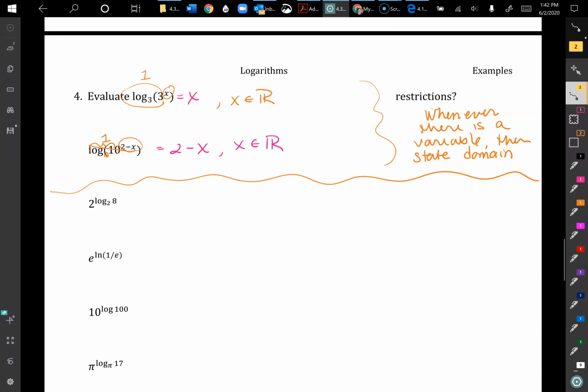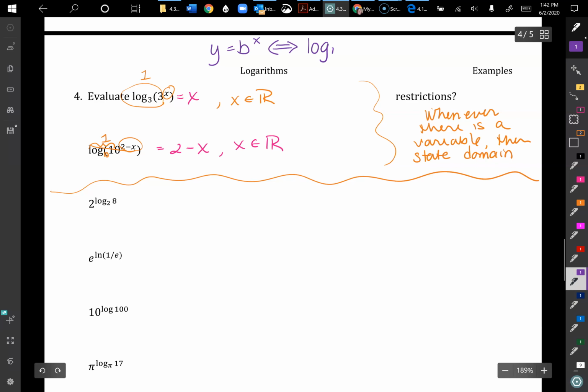So again, let's write our little pattern up at the top here: y equals b to the x if and only if log base b of y equals x. Okay, so this is a little bit different here because our exponent is actually a log, but we're going to write that as like the x, right?